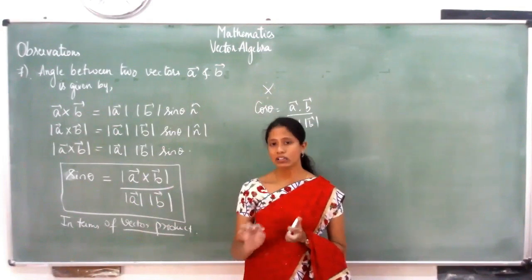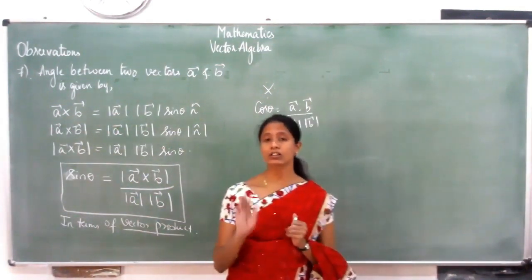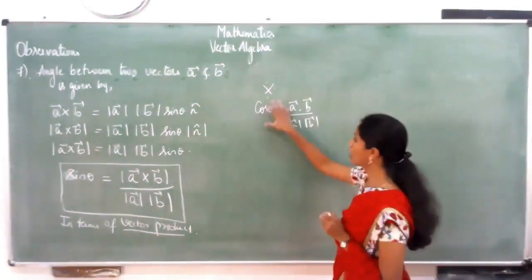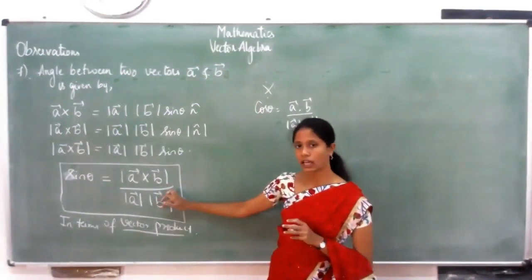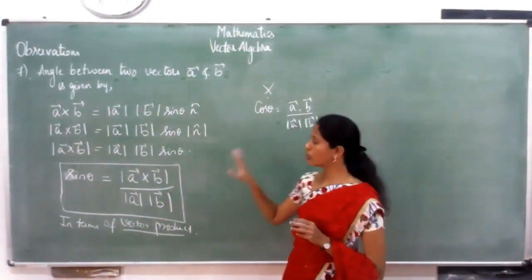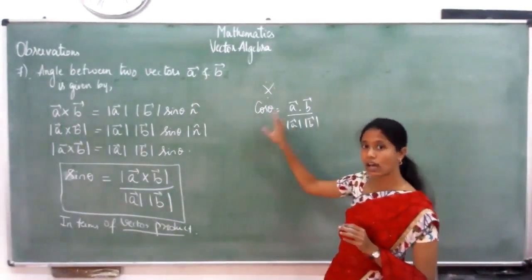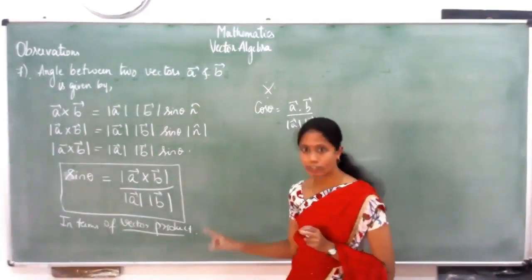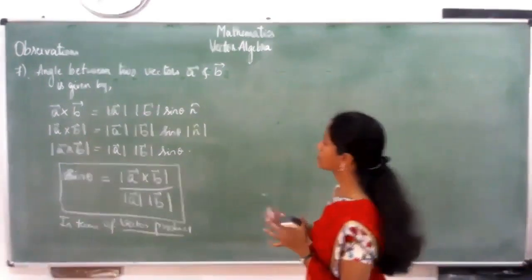Or else, if they have not specified anything and only ask what is the angle between the two vectors, we always use this formula and not that one. Okay, I hope I am clear. Only when they have specified vector product, we use the sine theta formula.